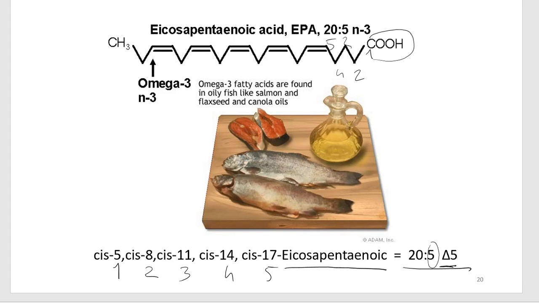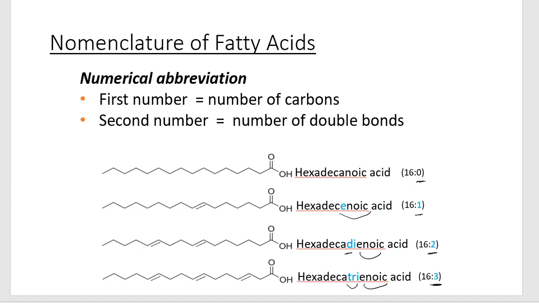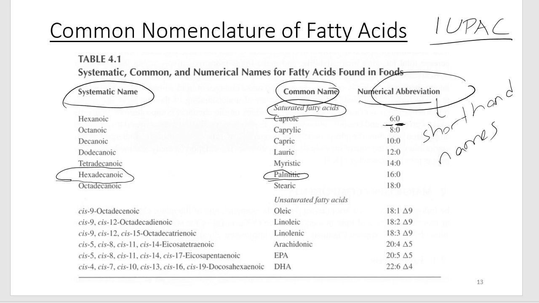Just check the table. Let's see the table. We have 20 carbons here. So it's EPA. Okay. So you can use different naming systems based on your needs.